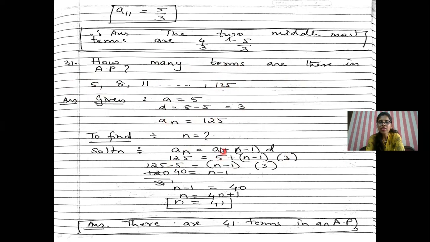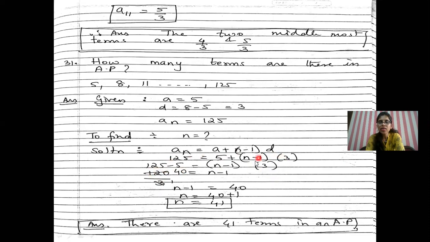So now first we take this 5 to the other side. We can open the bracket and also solve it, but it's better to shift one by one, it becomes easier. So when we take plus 5 to the other side, it becomes minus 5 when you move it to the left side. So 125 minus 5 becomes 120.